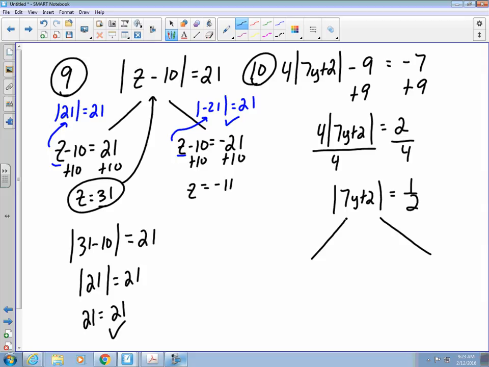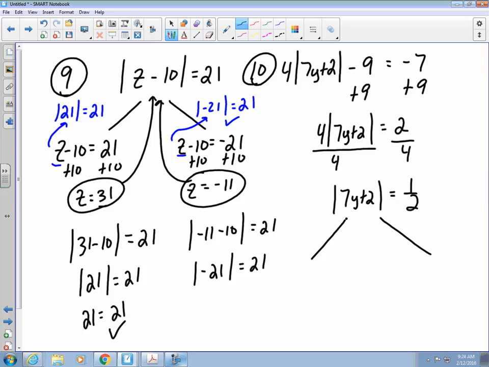So the question is, okay, well, what about that one? Why is this an answer? Well, if I take it and I plug it back in, inside the absolute value I have negative 11 minus 10, which is negative 21, which then again, if I take the absolute value of something negative, since the absolute value just means the distance from 0, negative 21 and positive 21 are the same distance.